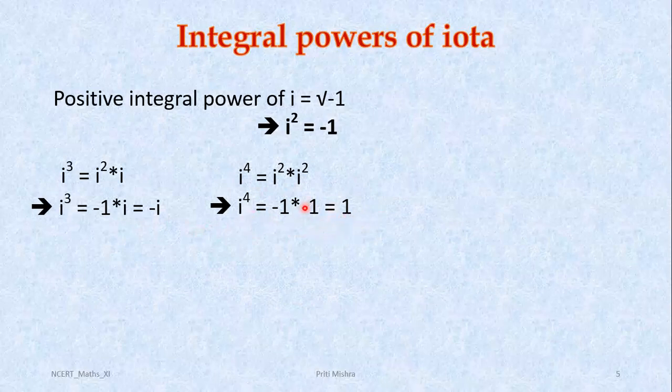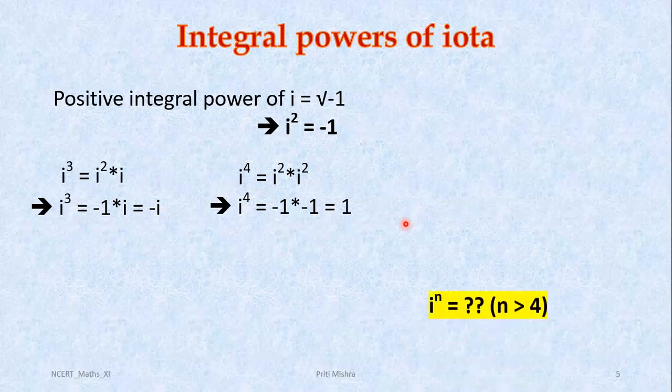So in this way, we got three values till now. i square is equal to -1, i cube is equal to minus i, and i to the power 4 is equal to 1. Here you can observe that we just split the power into lower powers, right? And whatever values we had, we used them to calculate i cube and i to the power 4.